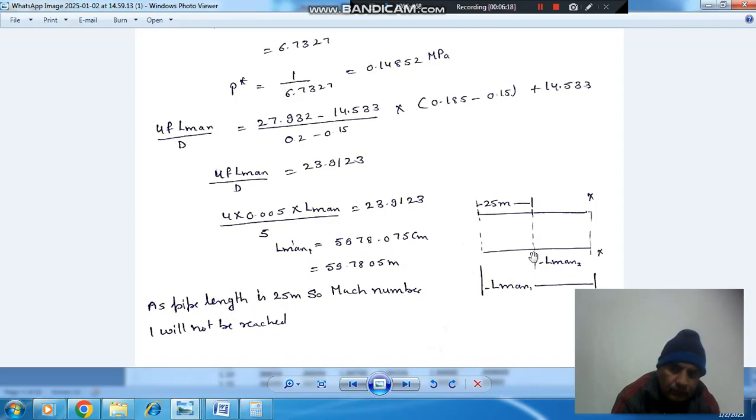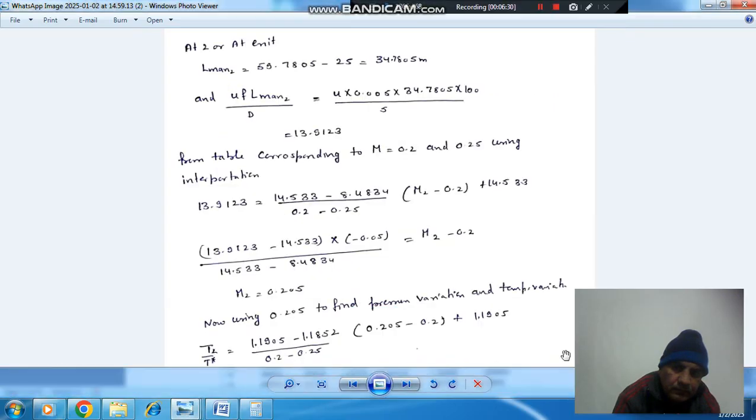So if we subtract this 25 from this L max 1, we get L max 2. Okay, so that will be 34.7805.